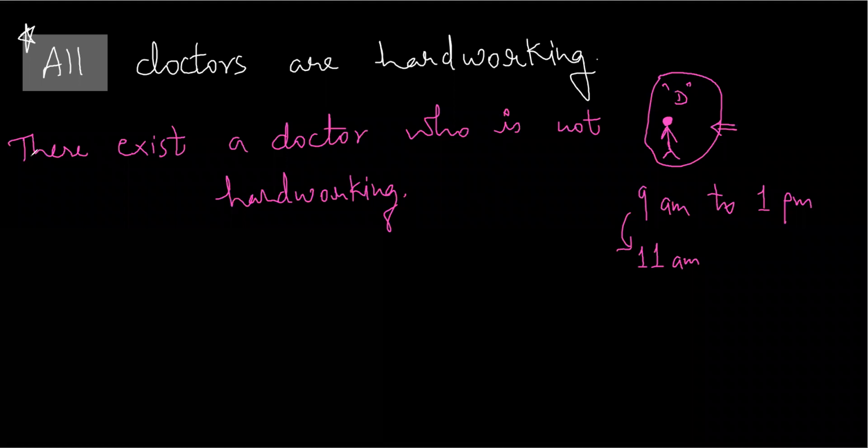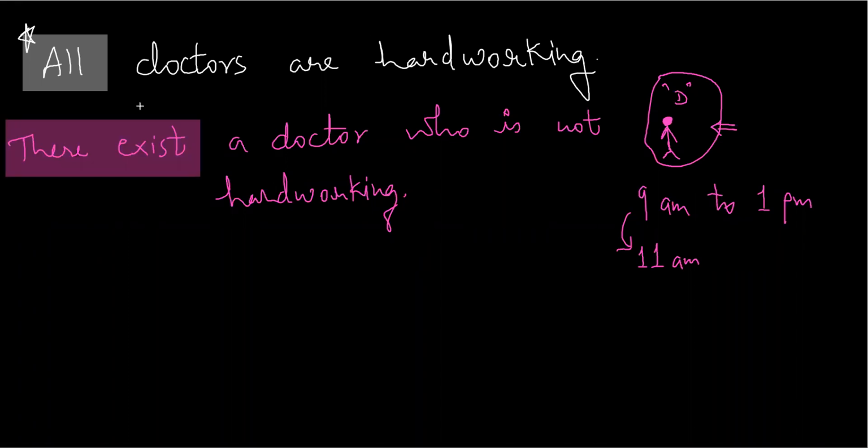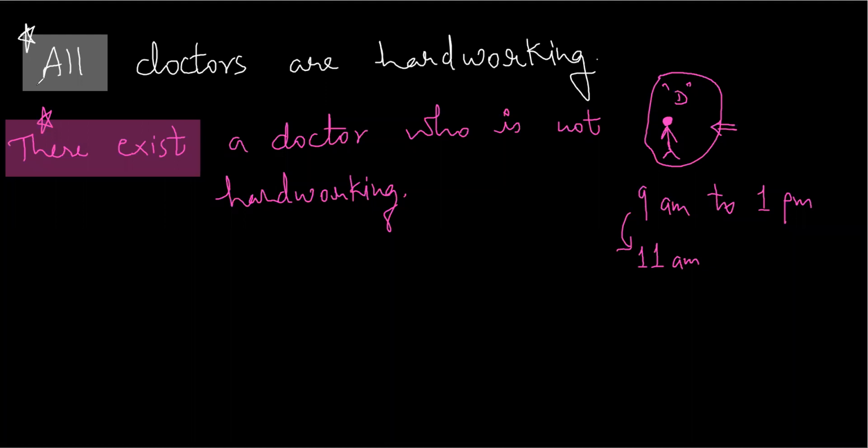But by saying this, you are writing the negation of the above statement. You are just trying to contradict this statement, because here it was said all doctors are hardworking. You are putting a contradiction to this.